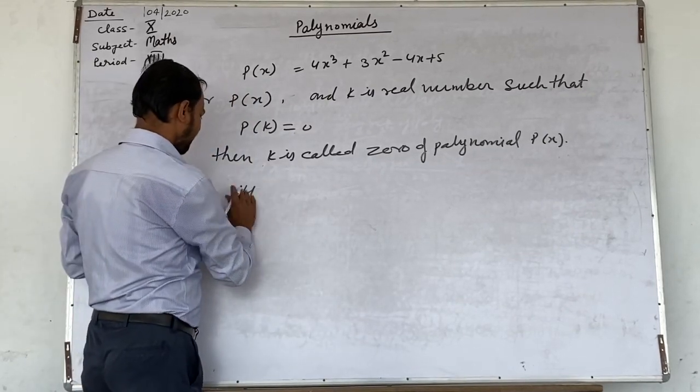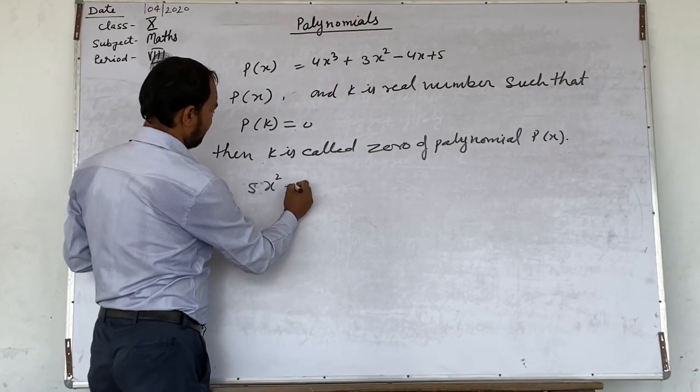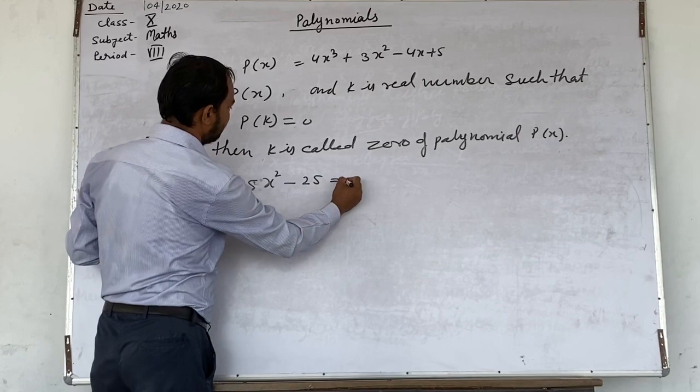In short, with an example, see this. If 5x square minus 25 equal to 0.